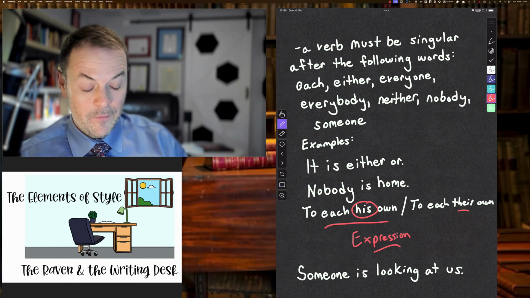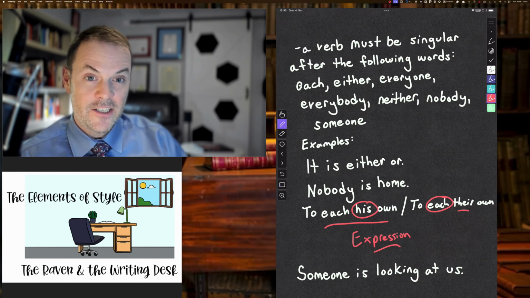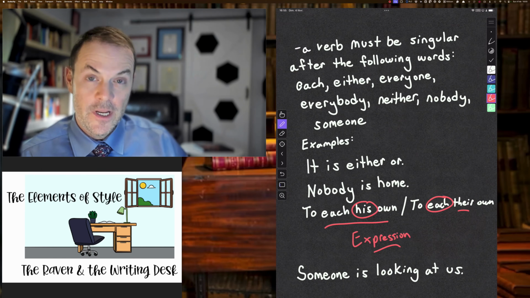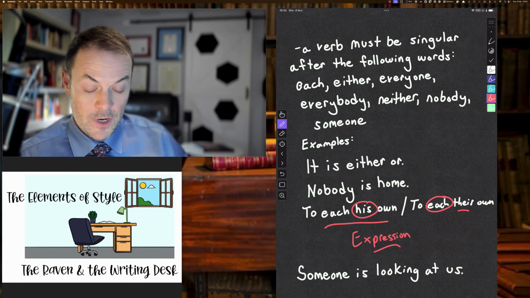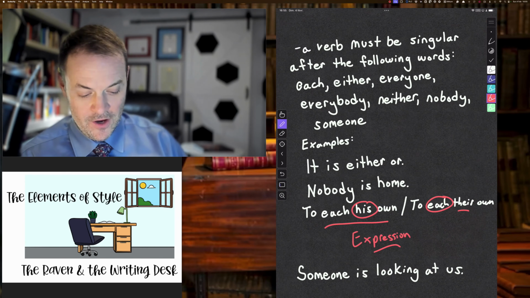Okay, fair enough, but we get back to each. And so to make this correct would violate this part of the rule. So the expression is to each his own. If you don't like that expression, you're the writer, come up with a different one to express the same thought.